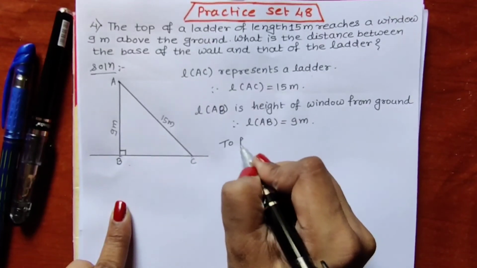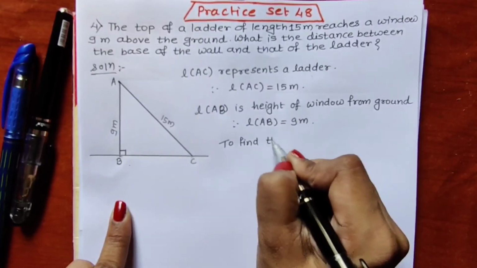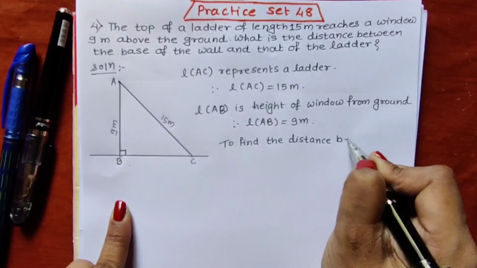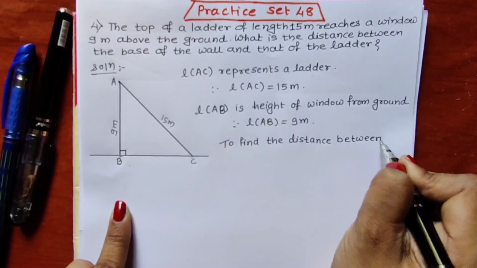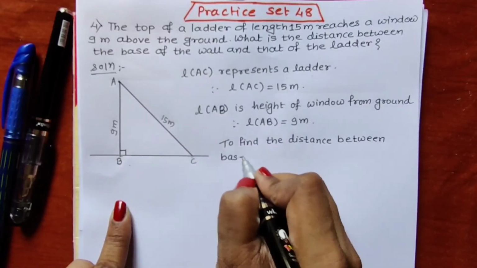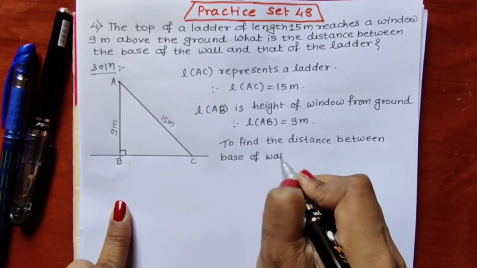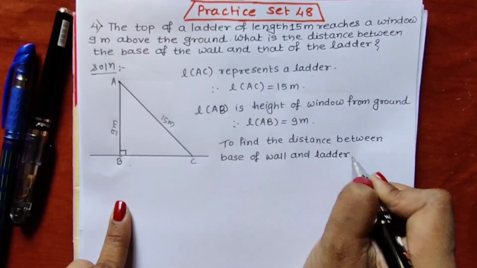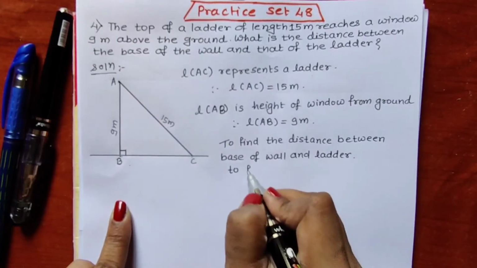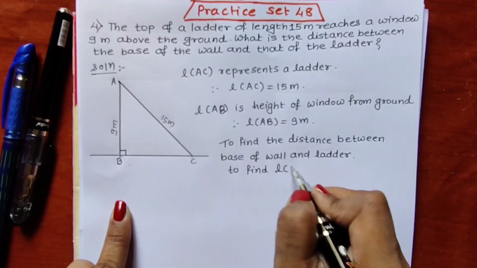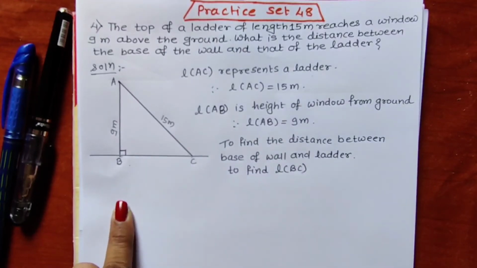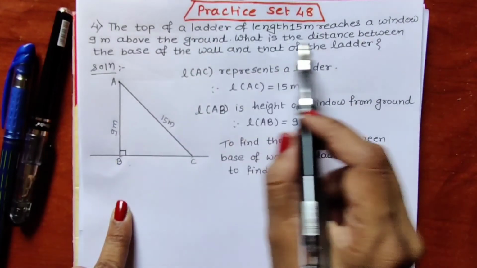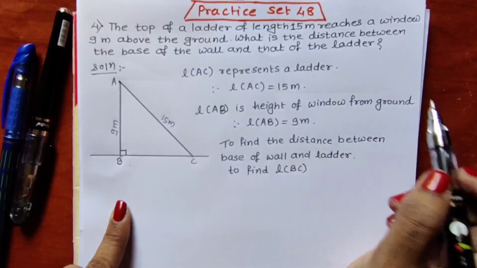To find the distance between the base of the wall and the ladder, we have to find the length of BC. Okay, so in this way we have written the information related to the diagram from the data given in the question. Now we can solve the sum.